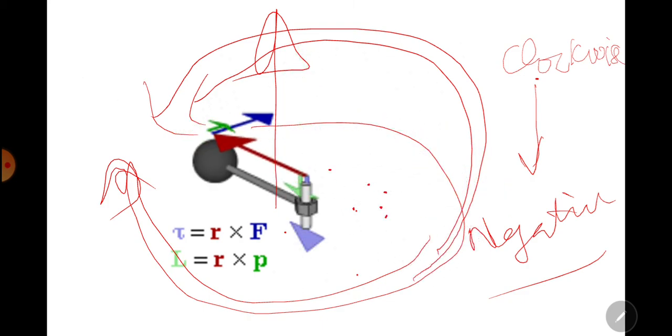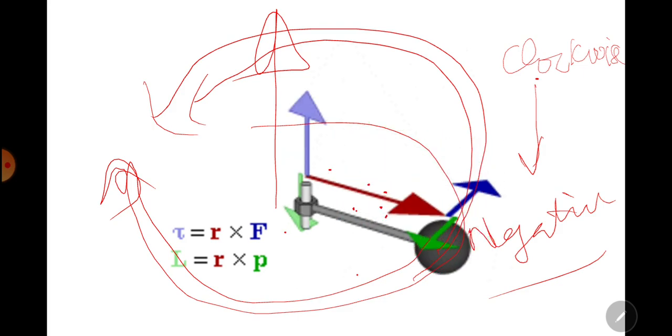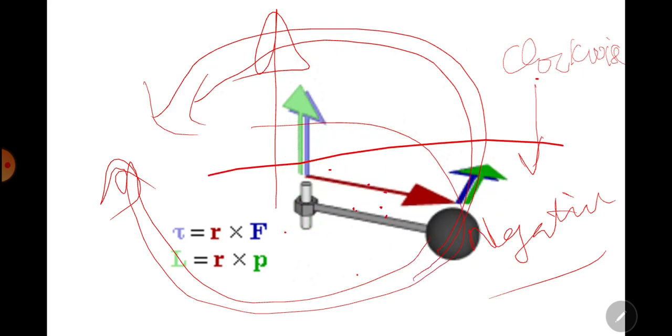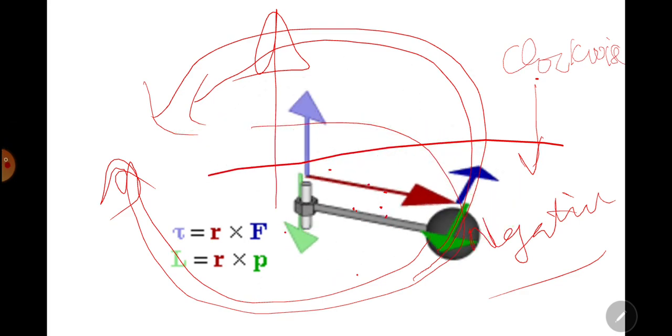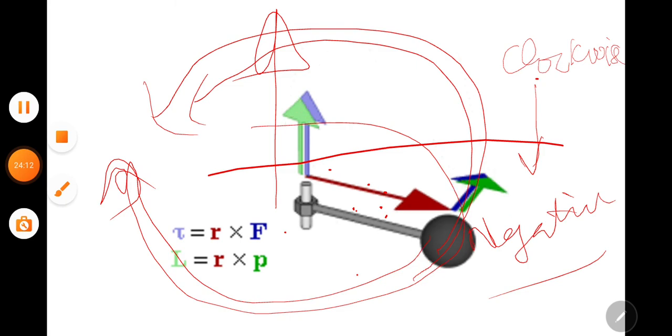So when clockwise torque is equal to anti-clockwise torque, then the body will be balanced.